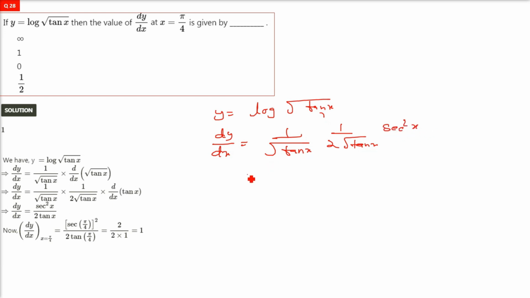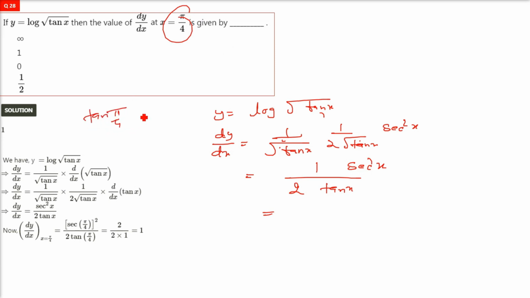Then tan x differentiation is sec square x. Under root cancels out always. 1 by 2 plus 1 by 2 power is 1. So it will be only 1 by 2 under root tan x, under root tan x will give you tan x, then you have sec square in the denominator. At x equals pi by 4 you have to do. So what is tan pi by 4?